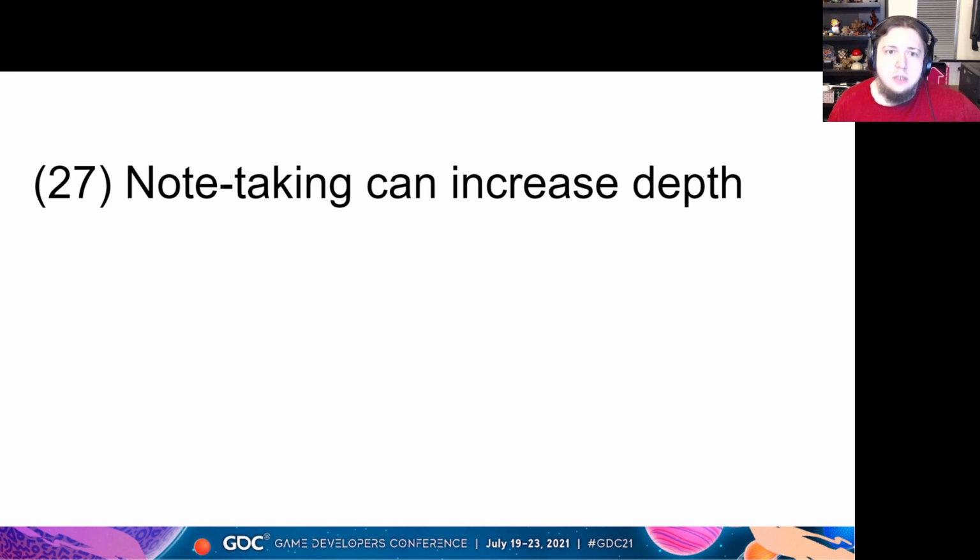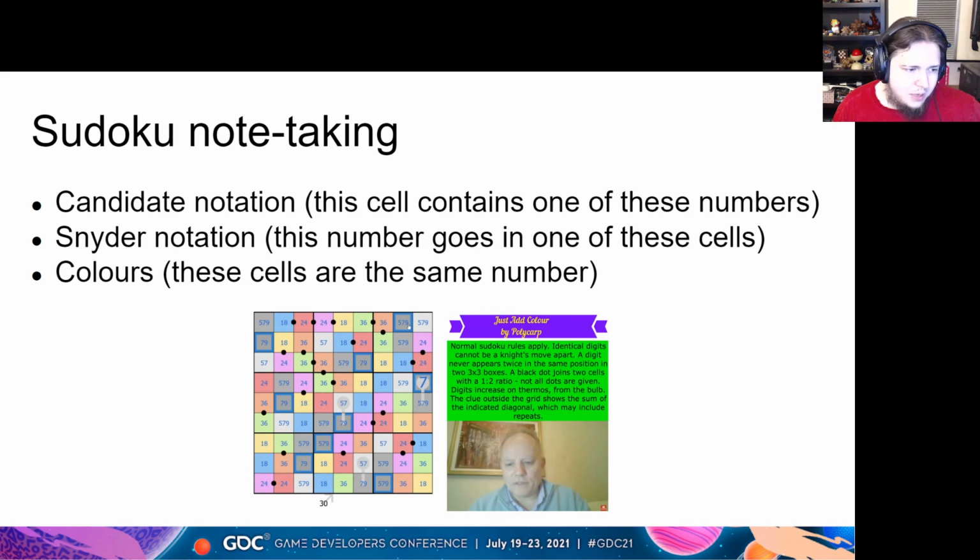I want to show you an example in Sudoku, and then we will go back to the path drawing puzzles. A lot of players have had different ways of doing Sudoku notation, but there's three that are most in common use. And many Sudoku solvers are using all three of these notations at once. There's candidate notation, meaning this cell must contain one of these numbers. 7, 2 means this cell is either a 7 or a 2.